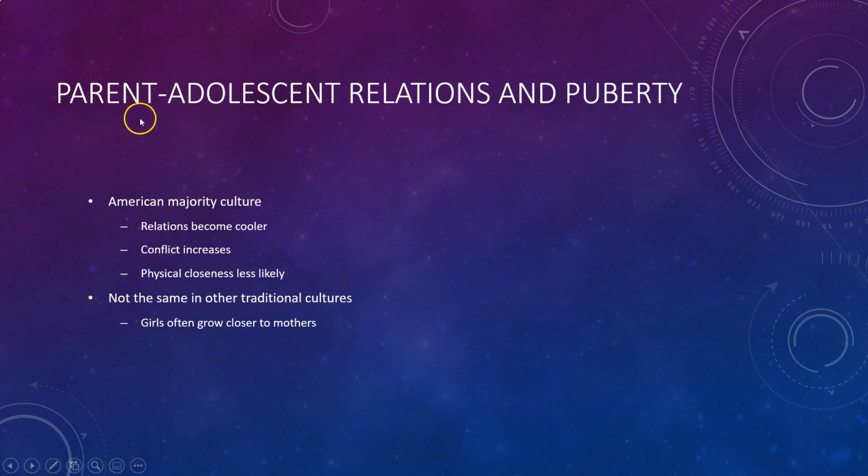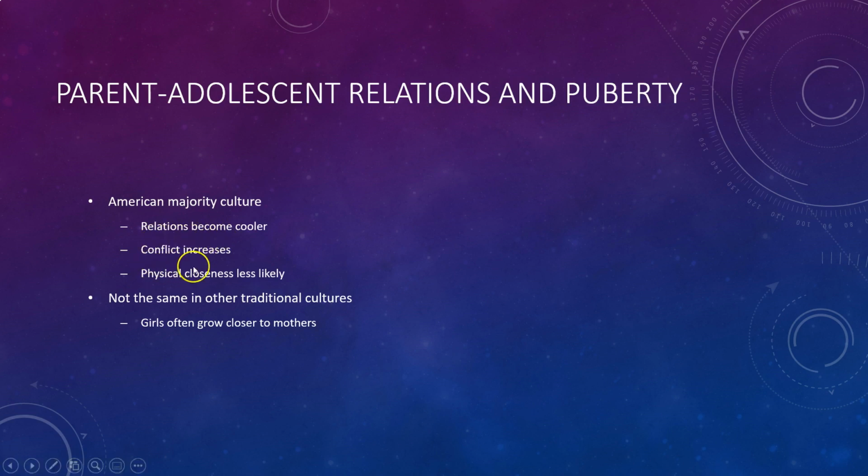What about what happens between parents and adolescents during puberty? And we'll talk more about this as we move through the class. But in terms of American majority culture, the relations between parents and adolescents become cooler. There's not as much tight-knit feelings.